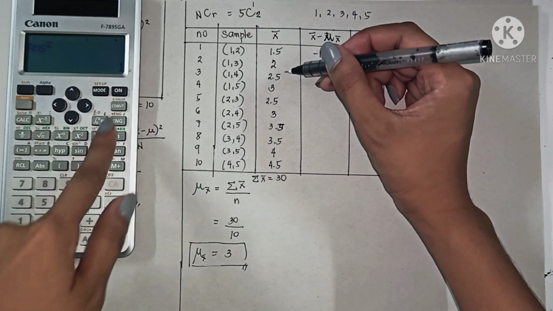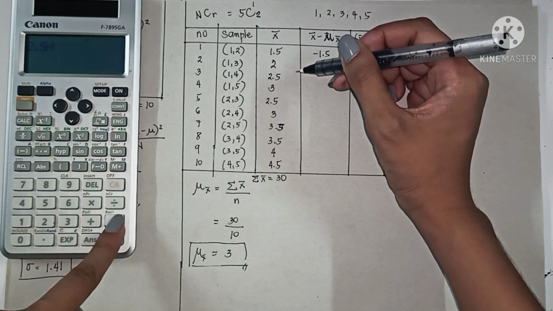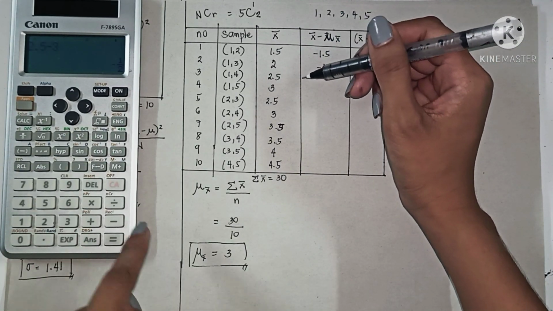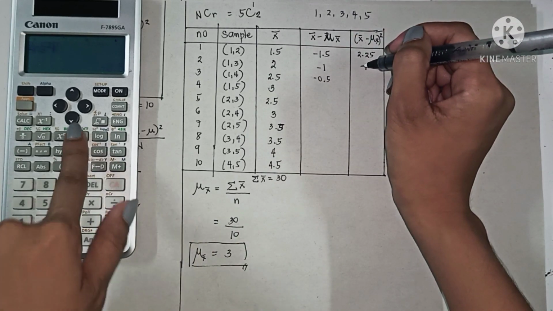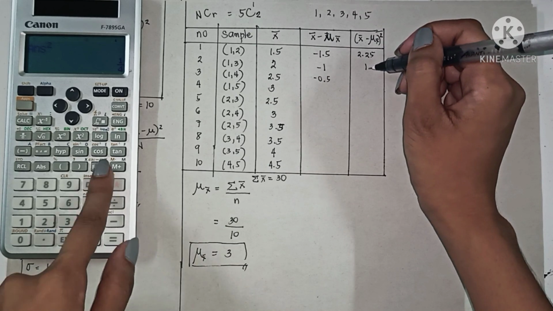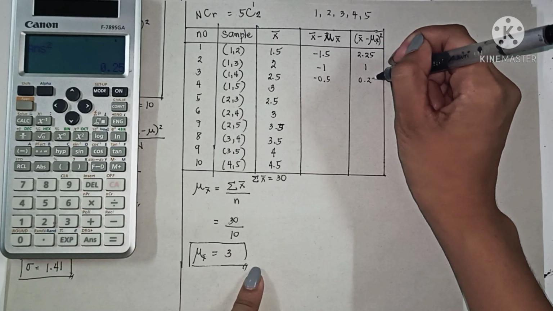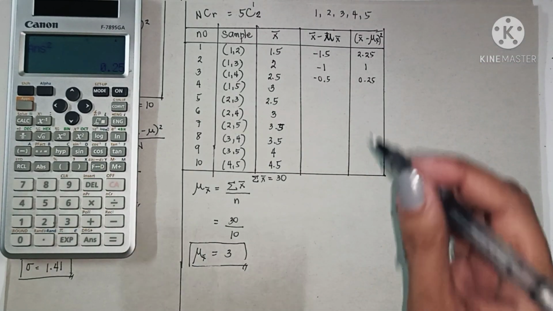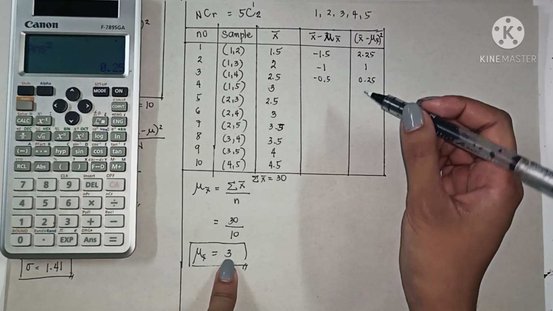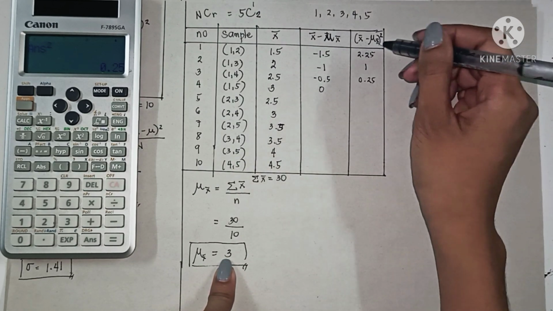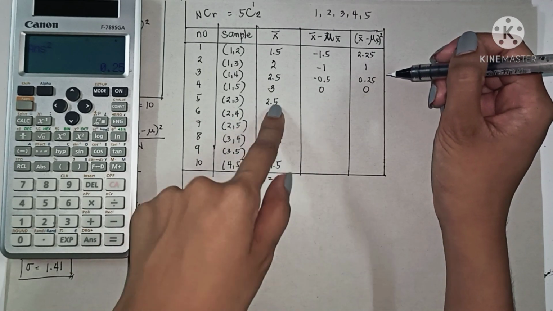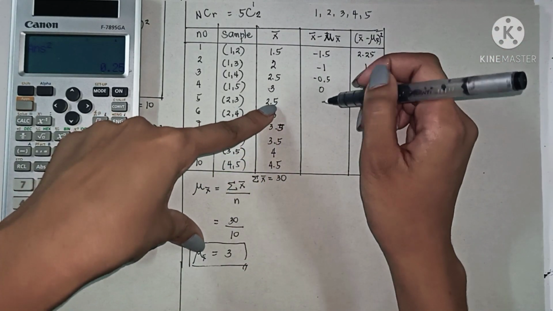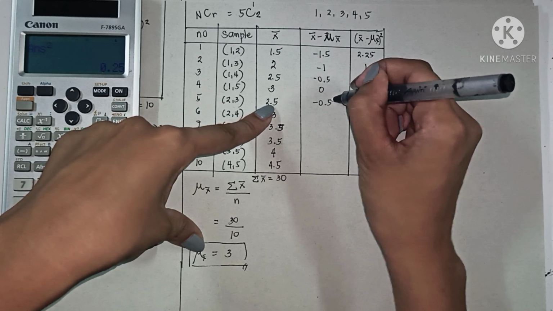And next, if x is 2.5, 2.5 minus 3, and that is equal to negative 0.5, diretso squared, that is equal to 0.25. For the next, 3 minus 3 is equal to 0. Then squared lang natin. 0 squared is 0. 2.5 ulit minus 3. So that is equal to negative 0.5.